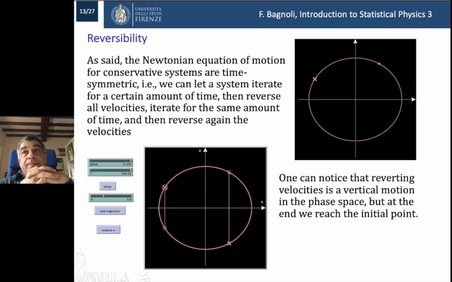Reversibility is a good test for conservation, so for conservative systems, and we can check this using our NetLogo system. So the idea is the following.